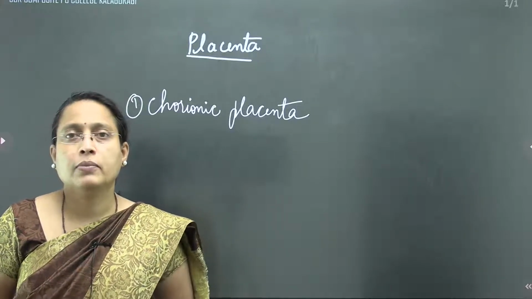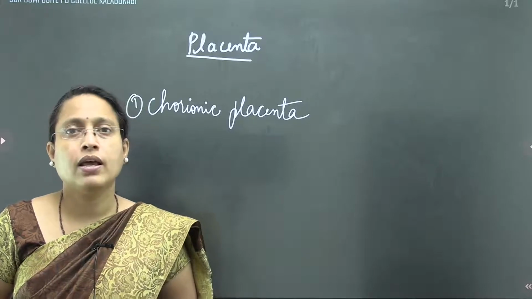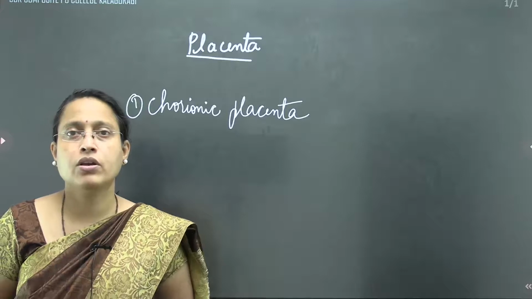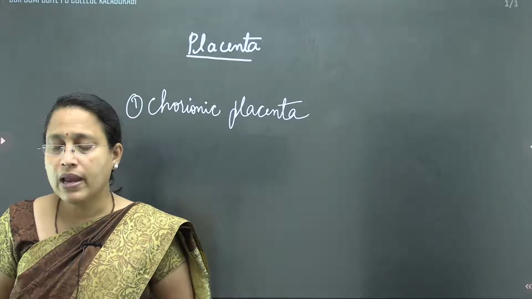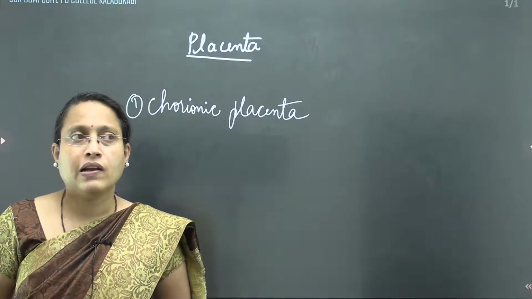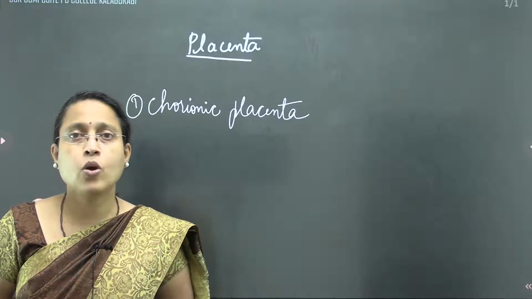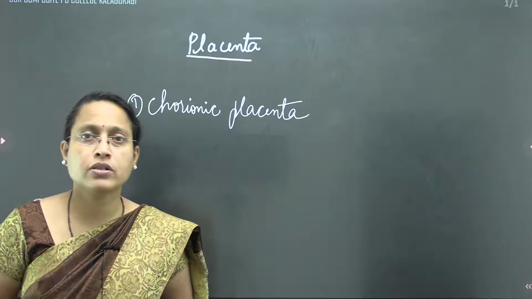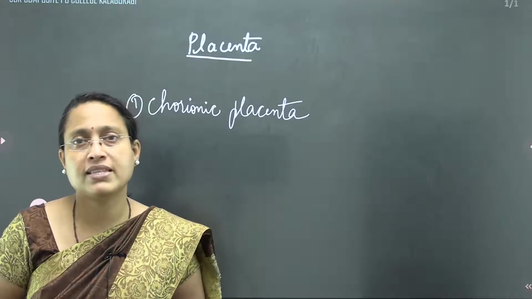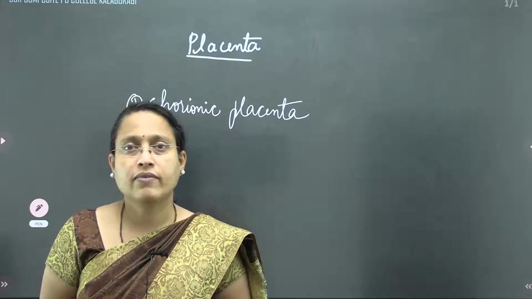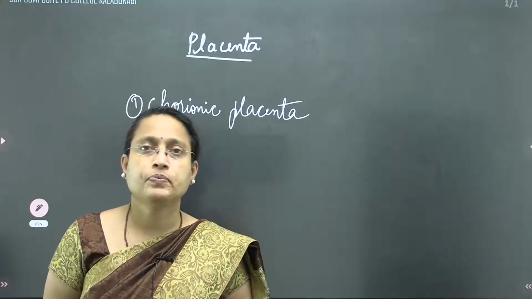So allantois also plays a role in certain animals in the formation of the placenta. Now in certain animals, it is not the allantois but the yolk sac that contributes to forming a placenta. So again, chorion and yolk sac, like in marsupials, where the yolk sac forms the placenta.